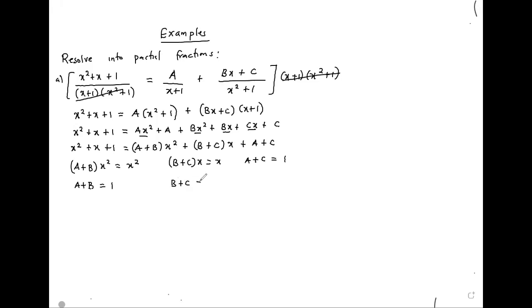B plus c should be equal to 1. And then a plus c is equal to 1. So in any of these equations, we can solve. Let's solve for a from the first one to be 1 minus b.